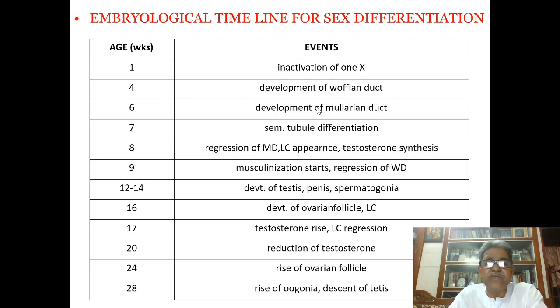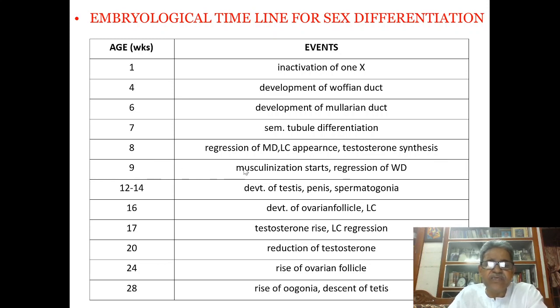At the 6th week, development of the Mullerian duct. 7th week, seminiferous tubule differentiation. 8th week, regression of the Mullerian duct, Leydig cell appearance and testosterone synthesis. The regression of the MD and LC appearance starts, and testosterone synthesis starts at the 8th week.